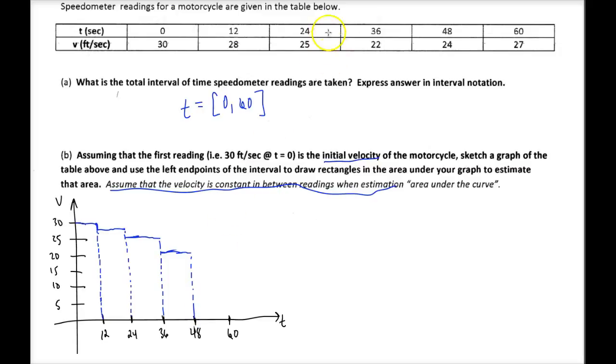At 48, we're going back up to 24, so that'll be right under 25, about here. And at 60, we would go on to 27, which would come up here.